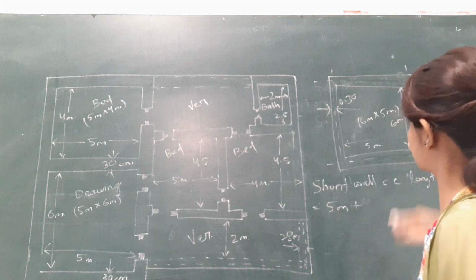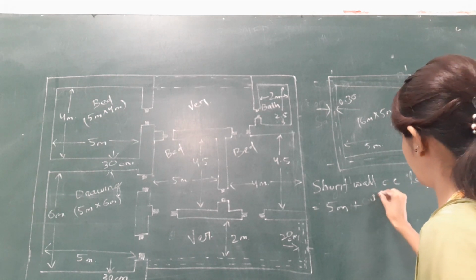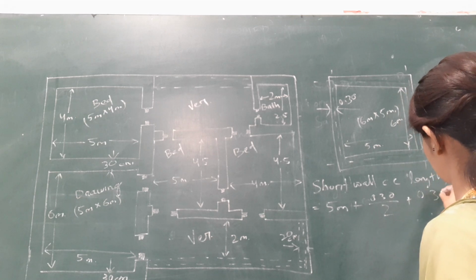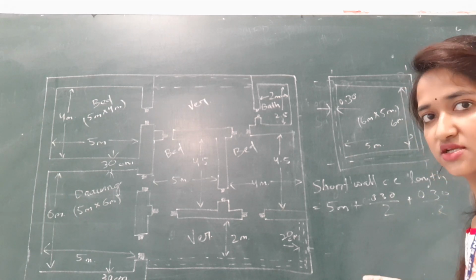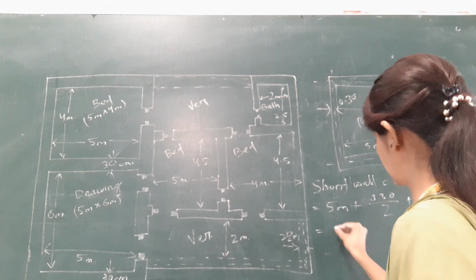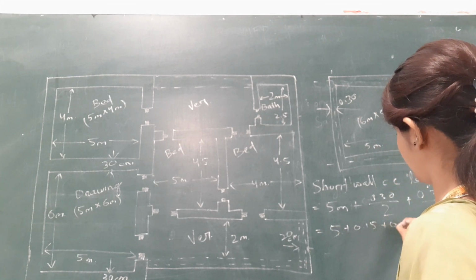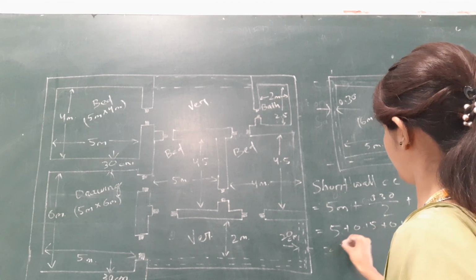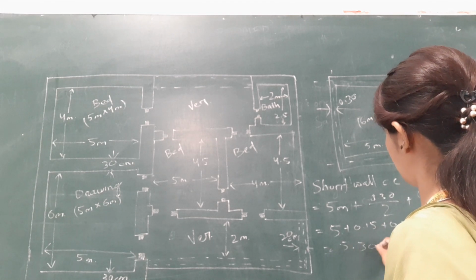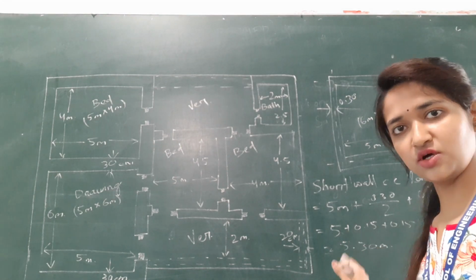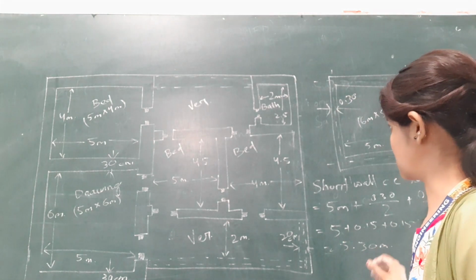Half of this 0.30 for one side plus 0.30 by 2 for the other side. So this is 5 plus 0.15 plus 0.15 equals 5.30 meter. So the center to center length of the short wall is 5.30 meter.